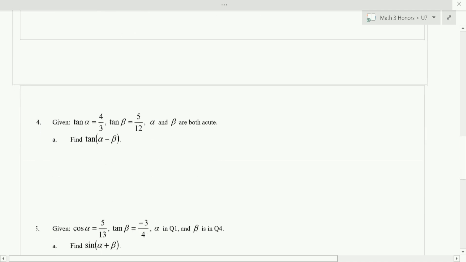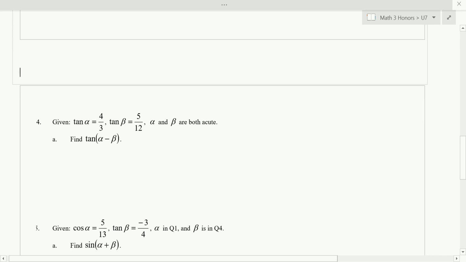4, you're given tangent. You're finding tangent, and if you find tangent of alpha minus beta, well, you don't have to do B. But if I asked you about alpha minus beta and you found tangent, would you have to find sine and cosine as well? Is it enough to know tangent and sine, or tangent and cosine?